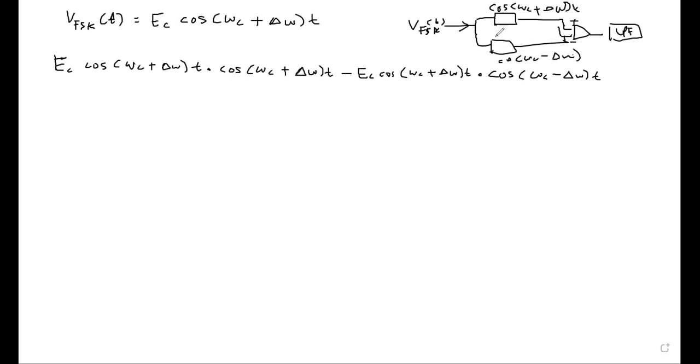When you solve this, what you get is EC cos squared (omega C plus delta omega) T minus EC, and for this one we can use the cos A cos B identity.